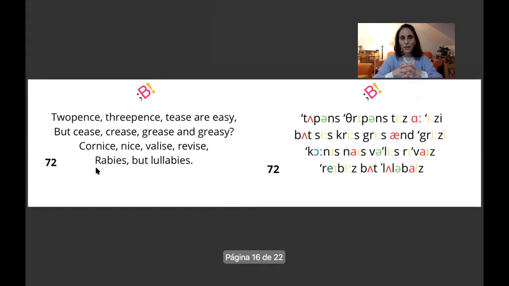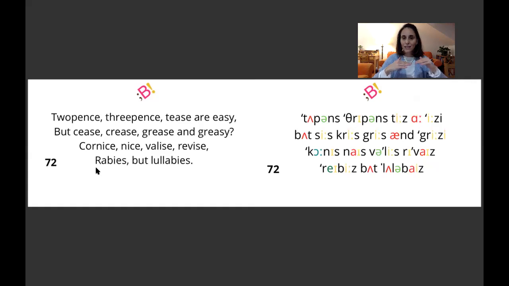And we have tuppence, threepence. So tuppence, threepence, T's are easy. ¿Veis que la R no rola? Es prolong the vowel. Tuppence, threepence, T's are easy. But C's, crease, grease, and greasy.